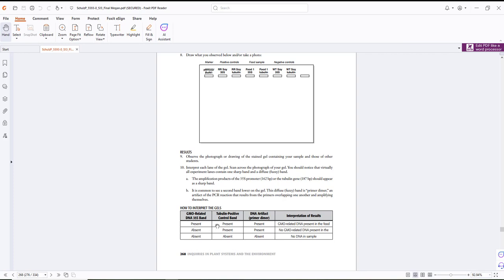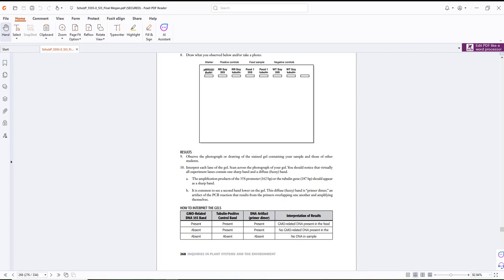If both of them are present, then we know that the food has GMO related DNA. If the GMO related band is absent but the T band is present, then we know that there is no GMO related DNA in the food.